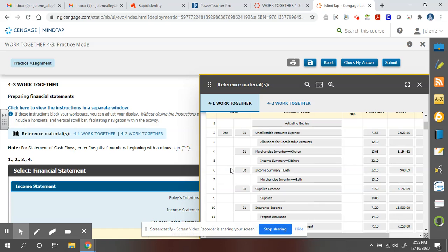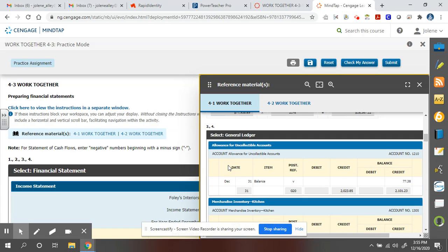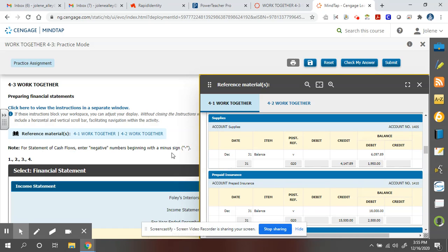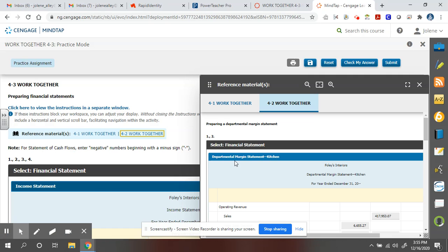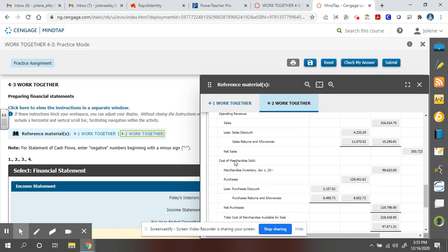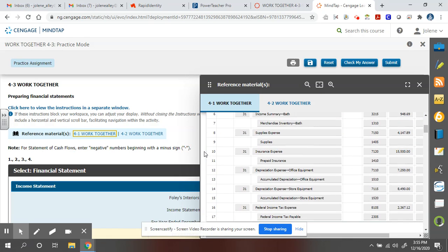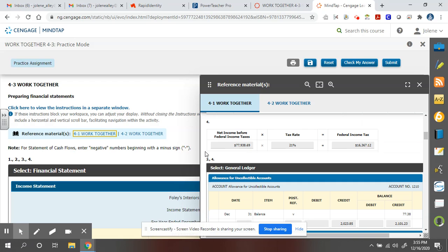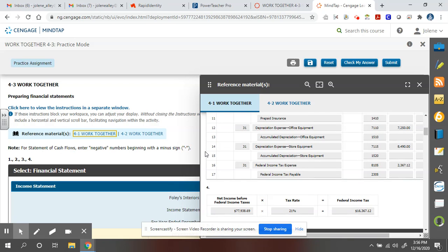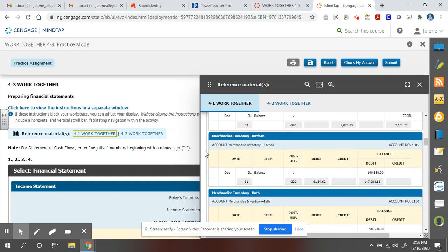4-1, is it here? That's adjusting entries. Maybe not. Now let's look at 4-2. It's not in 4-2, so it must be 4-1. Sorry for the flipping back and forth. Looking for the credit card expenses.